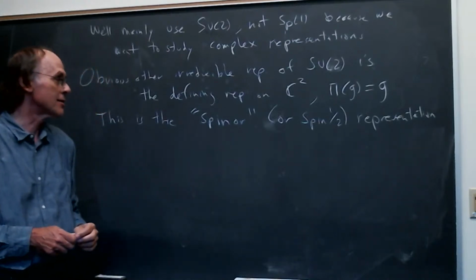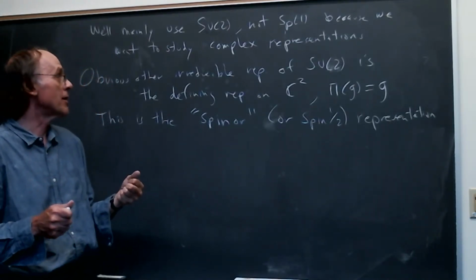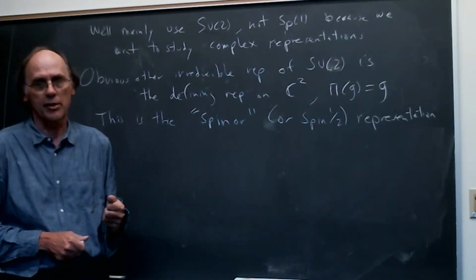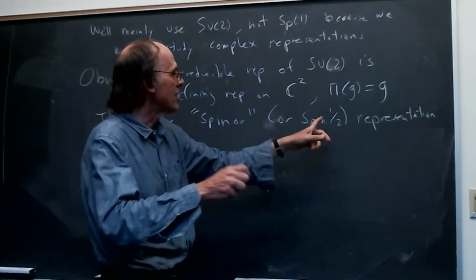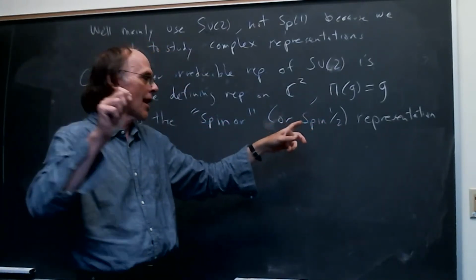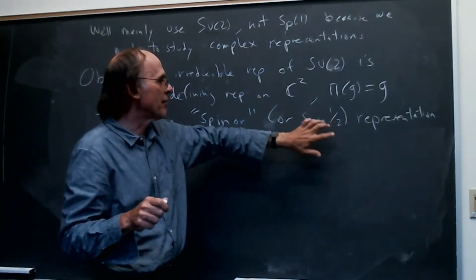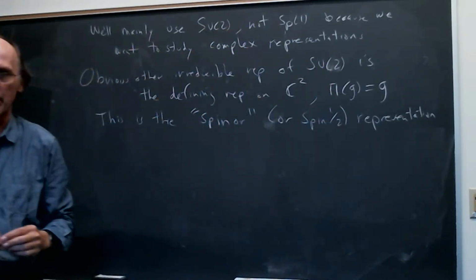So 0 is going to be the trivial representation, 1 is going to be the adjoint representation, the one that we've seen on vectors, and then n equal to 2 is going to be the one that's called spin half. Let me not try to get ahead of myself.